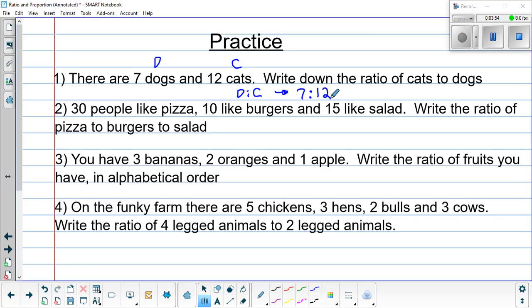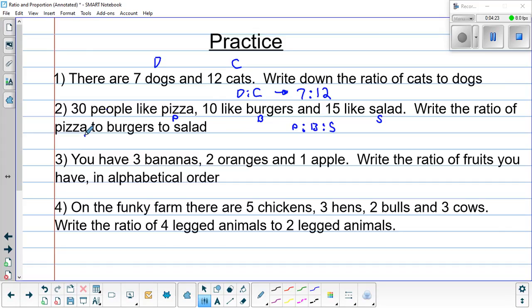Now in this next one, 30 people like pizza, 10 like burgers, 15 like salad. So we can say P for pizza, B for burgers, S for salad, and set it up as P to B to S. Always set it up in terms of what it asks at the end.